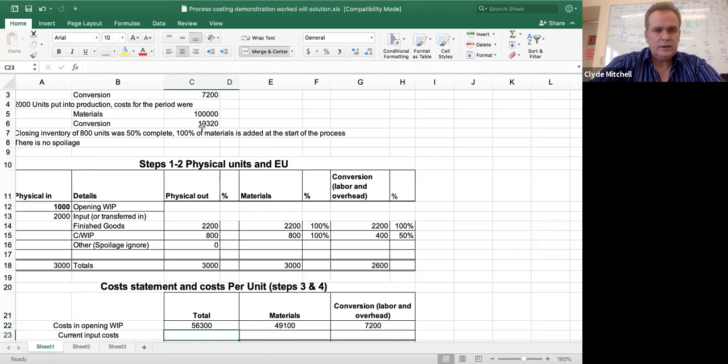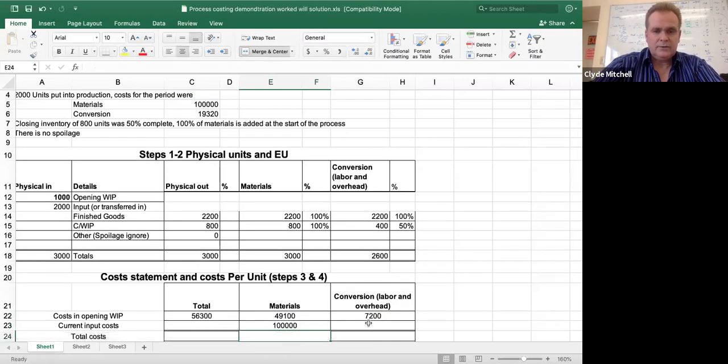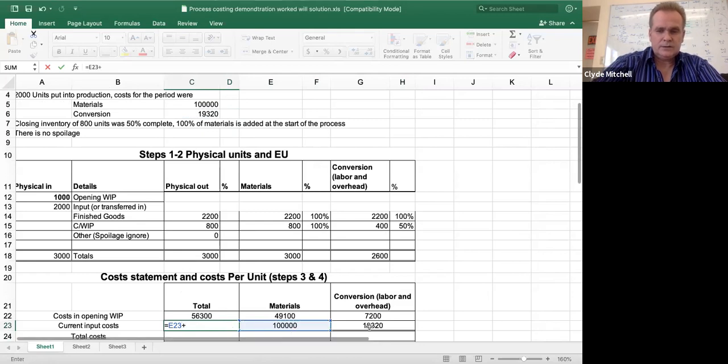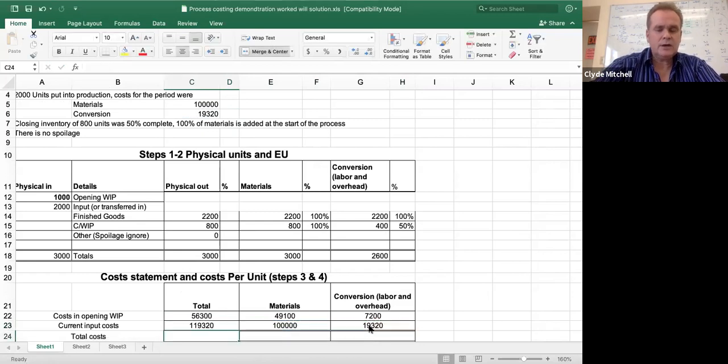Then if we look at our current input costs, we have 100,000 for input. And then if we look at conversion, 19,320. Again, we can add these together to get the total current input costs.